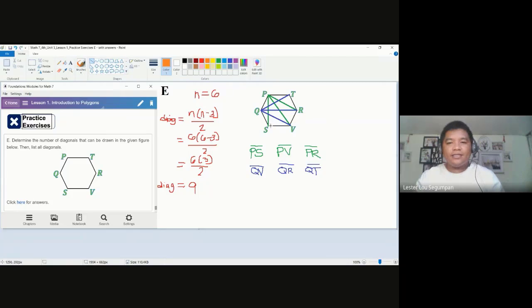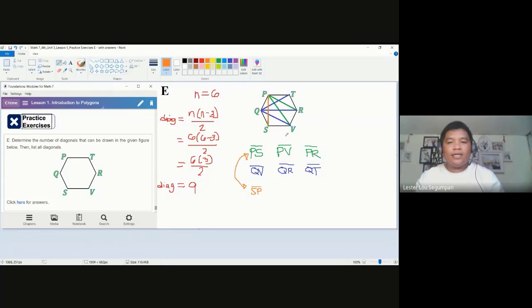Some of you might say SP, sir, because I could actually draw S and then P. But line segment or diagonal PS earlier uses the same vertices.